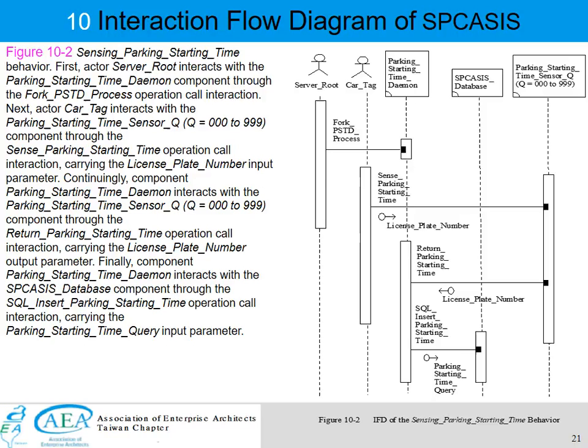The third interaction, the sensor component will output the license plate number to the parking starting time daemon component. The last interaction is the fourth interaction. This daemon component will input the parking starting time query into the database.